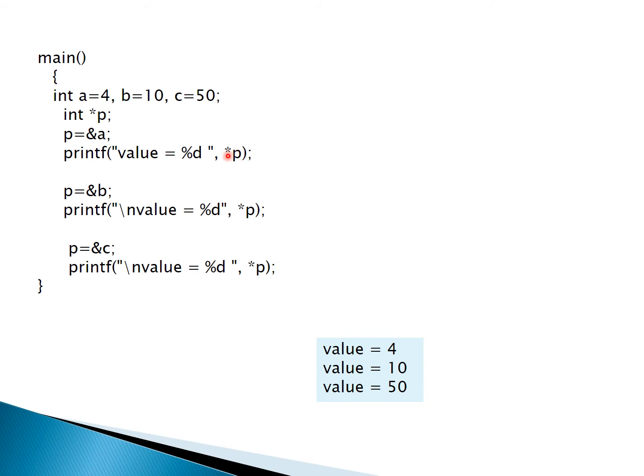As you can see, the same statement here and here gives us three different outputs, because here the pointer points to variable a, here the pointer points to variable b because of this, here the pointer points to variable c because of this address.